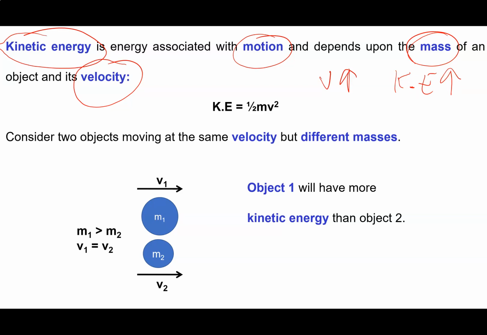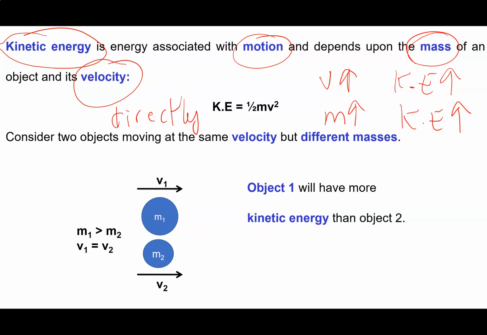And similarly, if everything else is kept constant, as the mass of your object increases, the kinetic energy of your object increases. We say that these two things are directly related to the kinetic energy. So as one of them increases, the other increases.